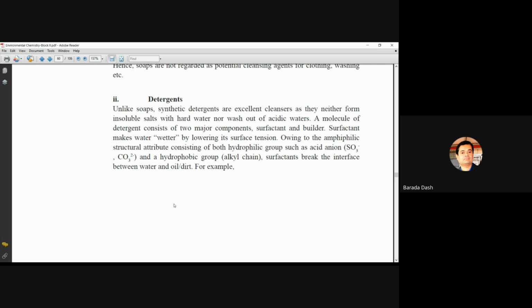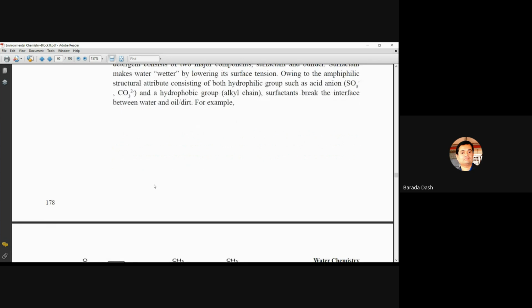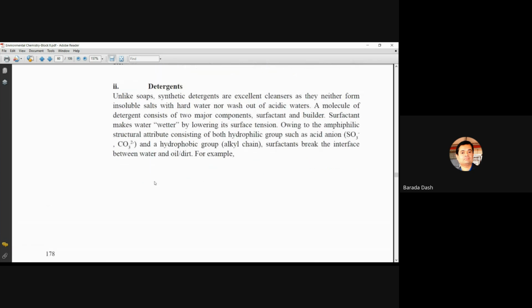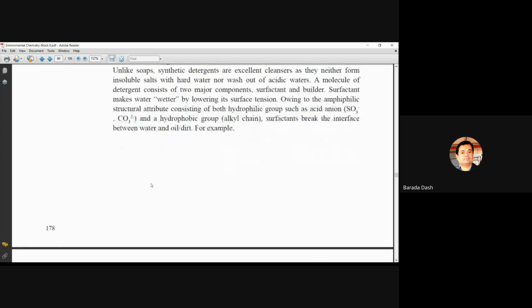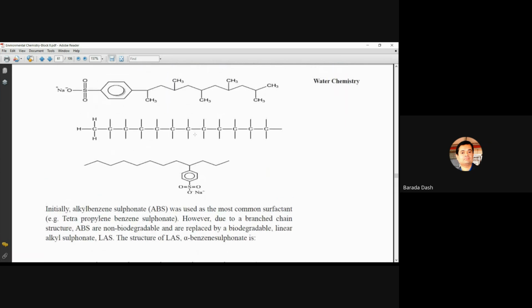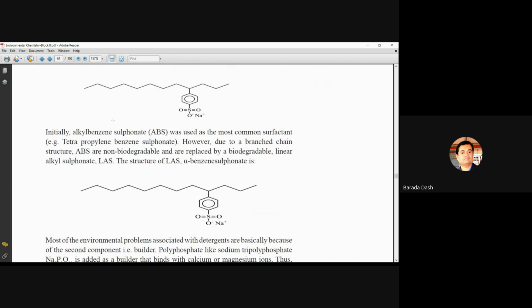Surfactant makes water wetter by lowering its surface tension, owing to the amphiphilic structural attribute consisting of both hydrophilic groups and an acidic anion. So detergent is better than soap for cleaning. These are the components of detergents. They are called alkyl benzene sulfonate, ABS.